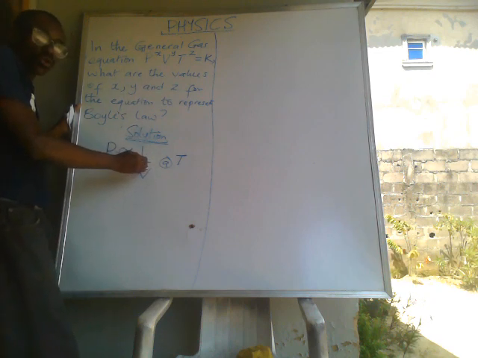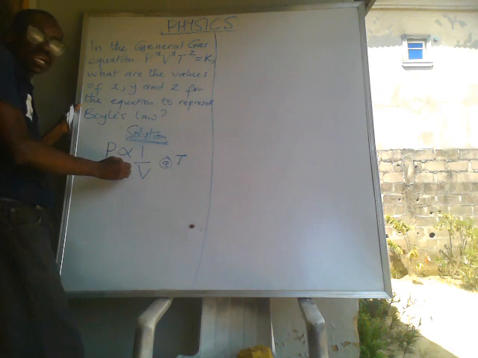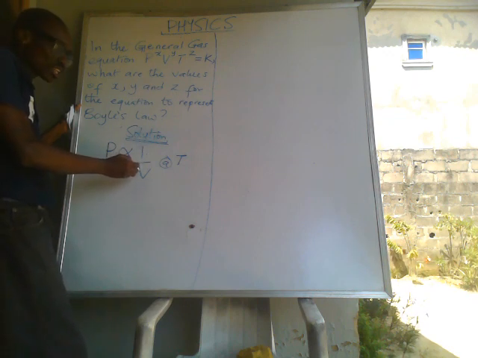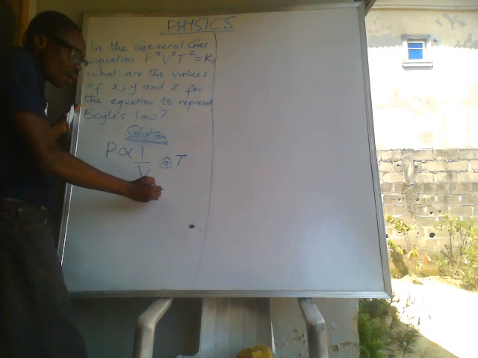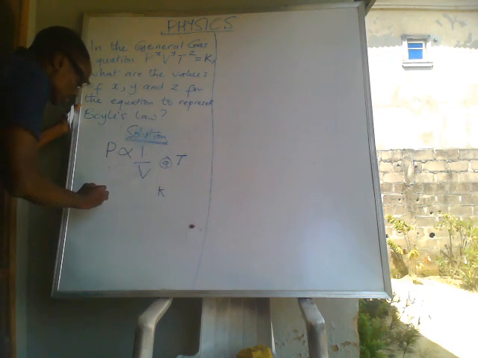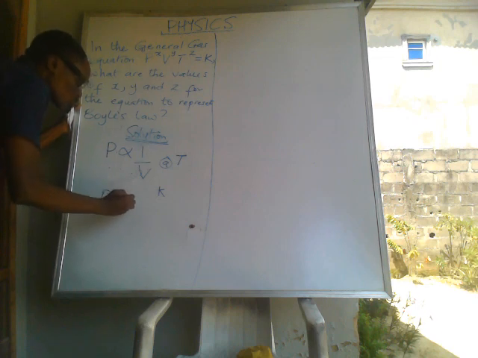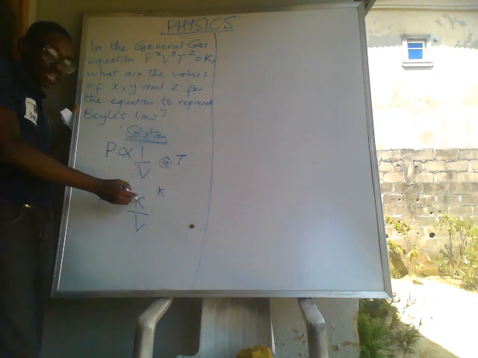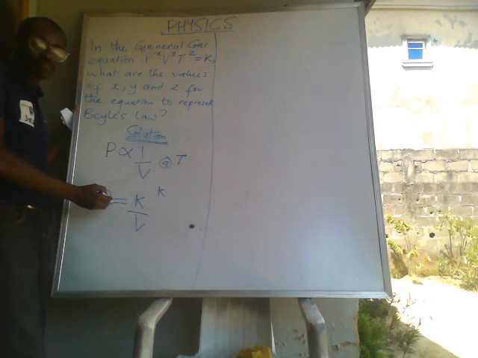Now we are going to bring in the equality sign. When we bring in the equality sign into this expression, we have to bring in the constant of proportionality, which in this case is going to be K. So P is equal to K over V, where K is the constant of proportionality.